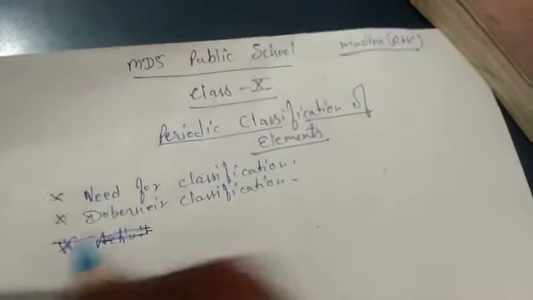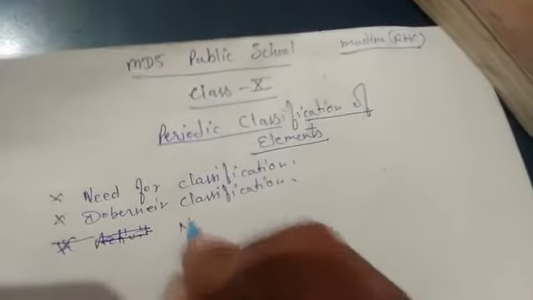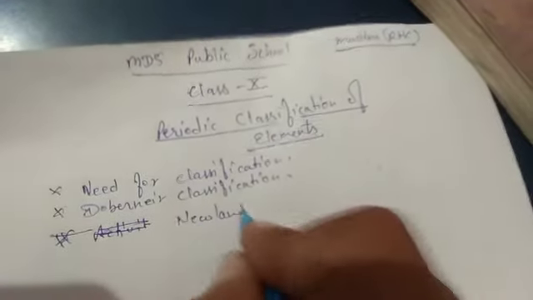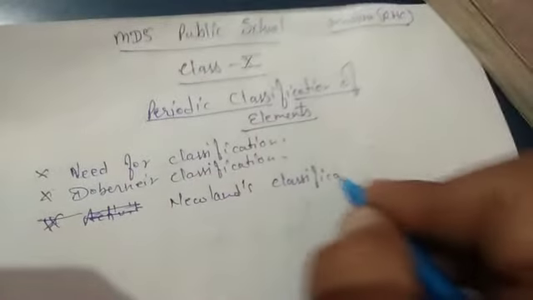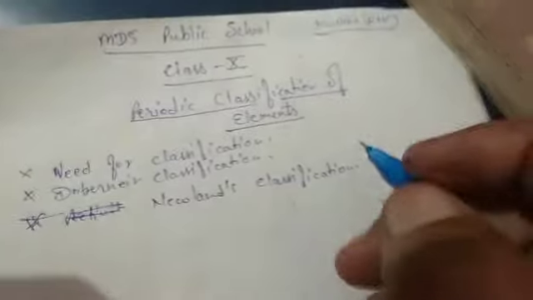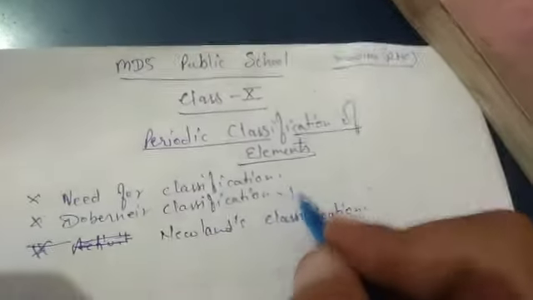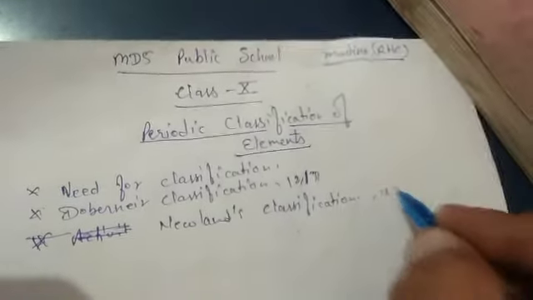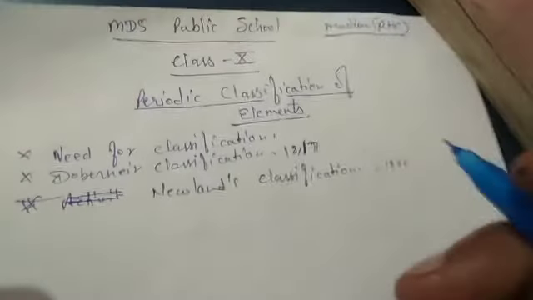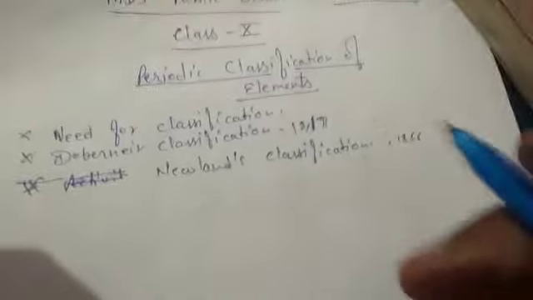Next thing we have to discuss today is about Newlands' classification. Dobereiner's classification came in 1817 particularly. The next one came in 1866 roundabout, when Newlands classified the elements.